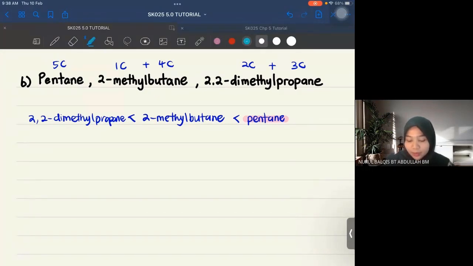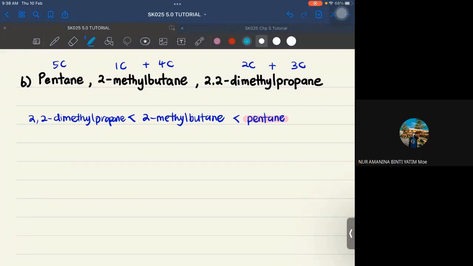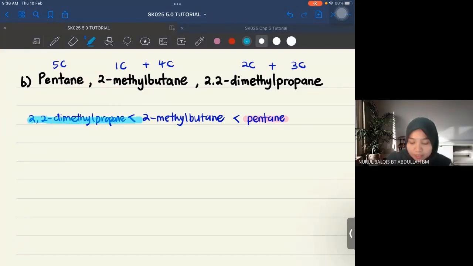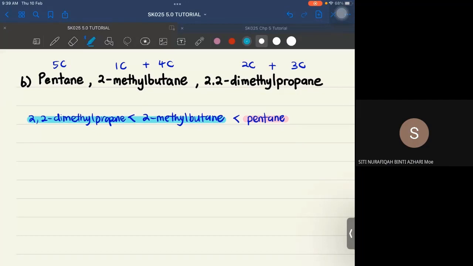Pentane has straight chain only, is it? Yeah, the 2,2-dimethylpropane dan juga 2-methyl-butane got branching, is it? Betul tak? Yeah.